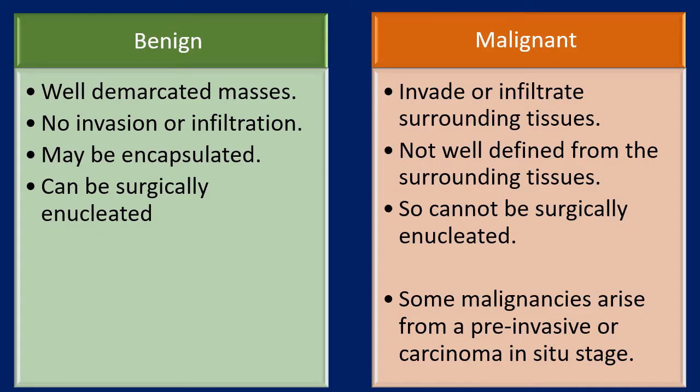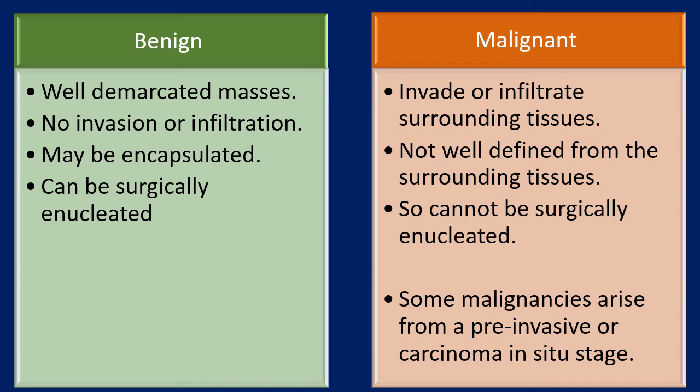So to differentiate between benign and malignant tumor, as we said before, well-demarcated masses are benign tumors, while ill-demarcated, infiltrating masses are a criterion of malignant tumor. So in a benign tumor, there is no infiltration or invasion of the surrounding tissue, while a malignant tumor infiltrates and invades the surrounding tissue.